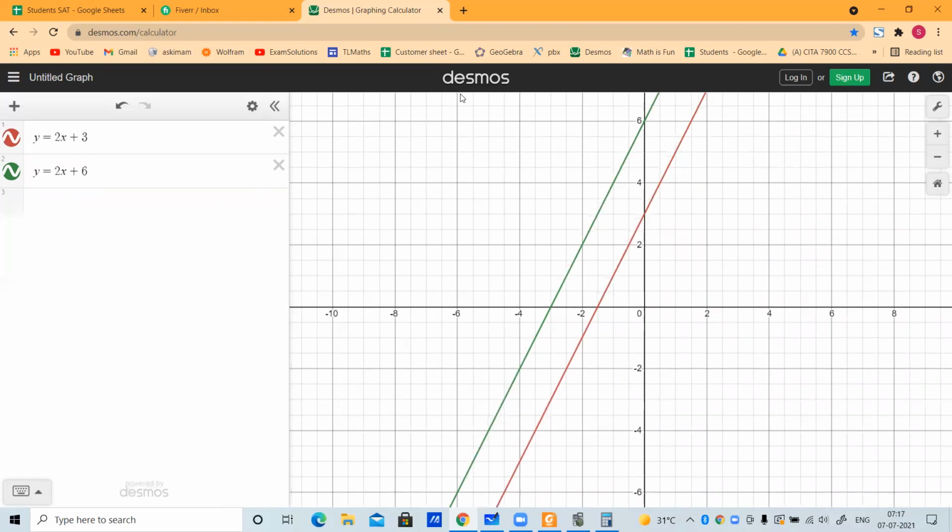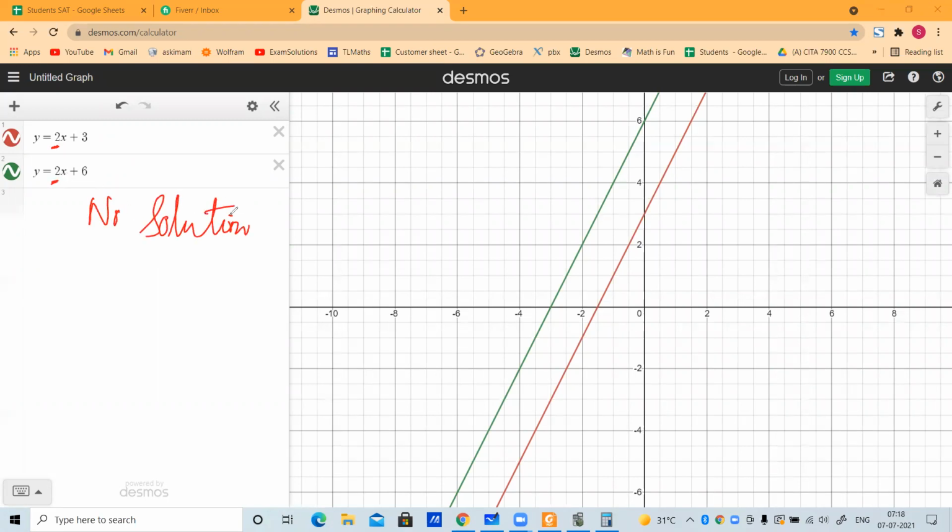You only get the y-intercept, but you will not get the coordinate where these two lines intersect each other. And you can identify the parallel lines from the equation by seeing the slope. So this is no solution? Exactly.